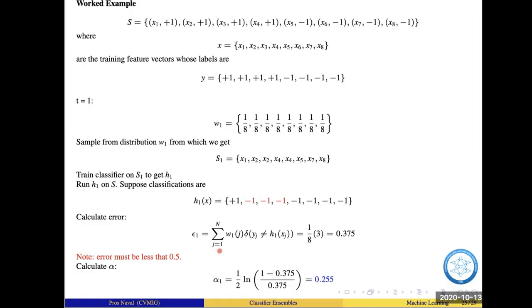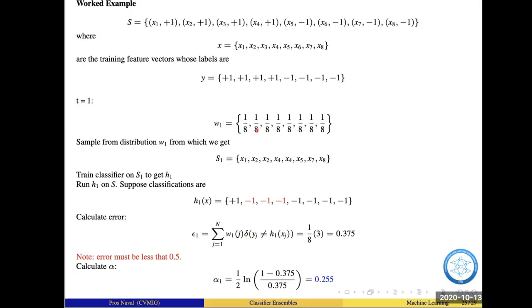For j equals 1, there's no error, because the label y matches the prediction. Therefore, the indicator function returns a value of 0. It will only return a value of 1 for the second, third, and fourth.